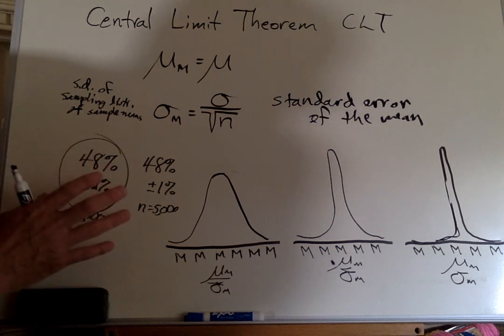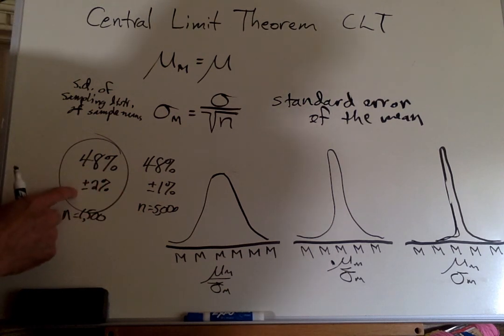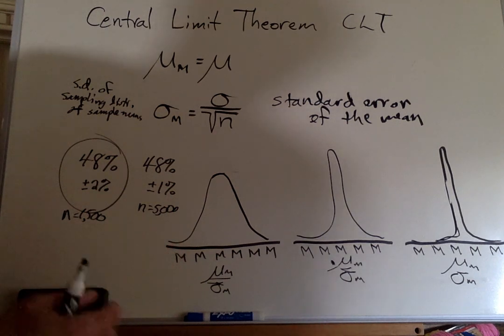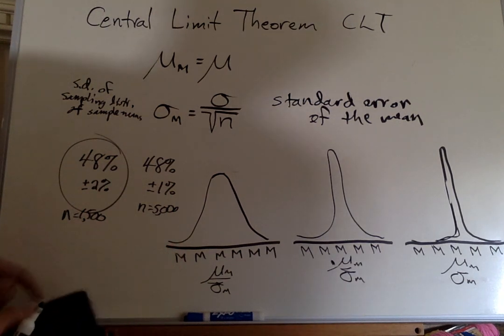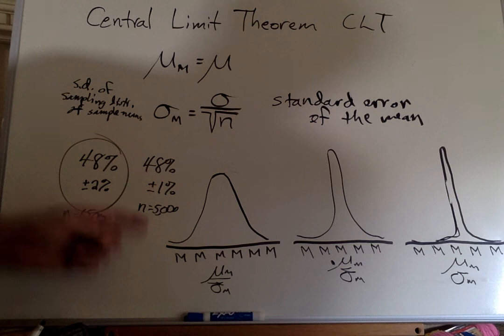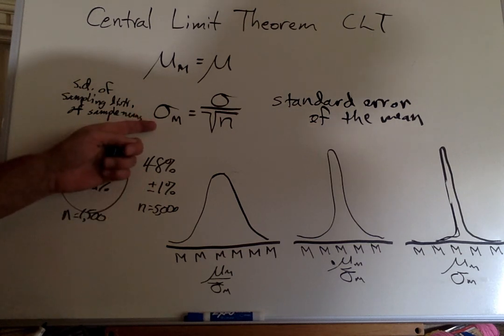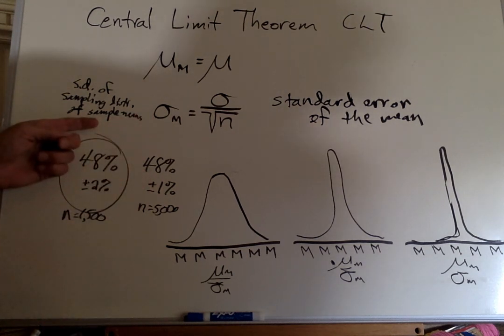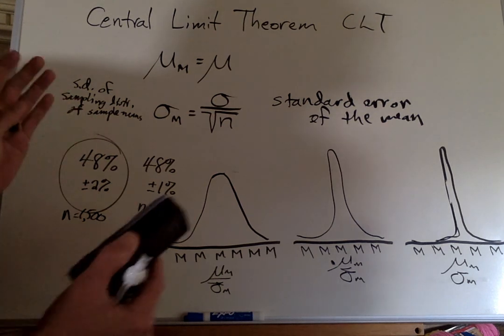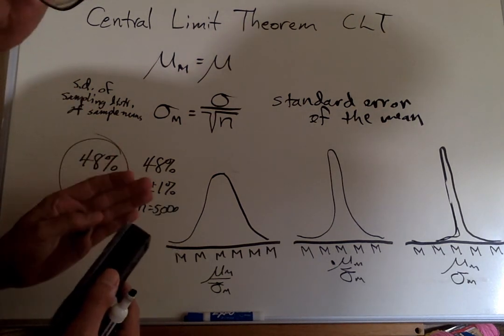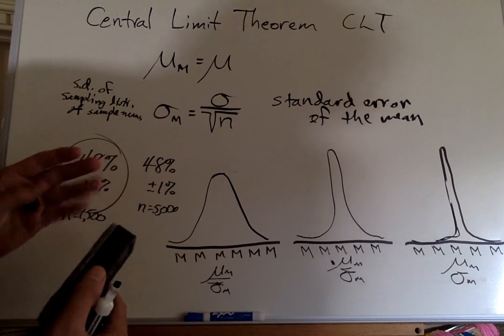This is the standard error of the mean. You'll see that in polling numbers for sure, okay? The more you have, the lower your standard error, lower the standard deviation of the sampling distribution, and that relates to being confident.